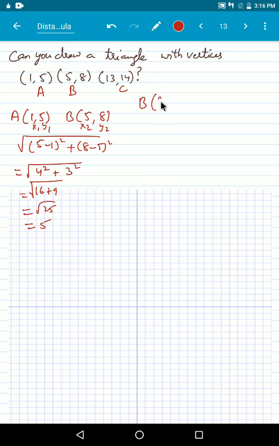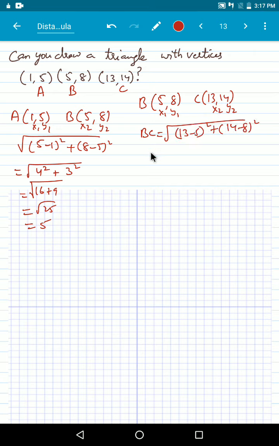Let us find BC. B is (5, 8) and C is (13, 14). x1 y1 x2 y2. So BC will be equal to (13 minus 5) whole square plus (14 minus 8) whole square. 13 minus 5 is 8. 8 square plus 14 minus 8, 6 square. So 64 and 36, root 100, it is equal to 10. So BC is equal to 10 we got.